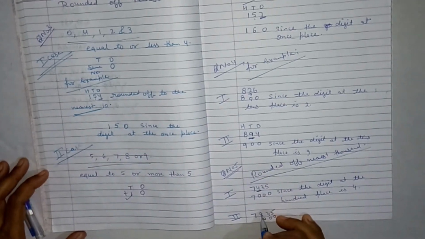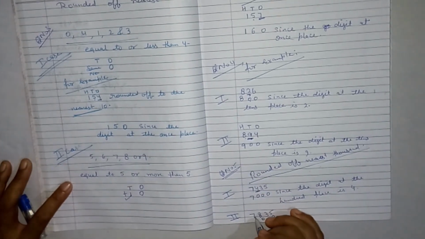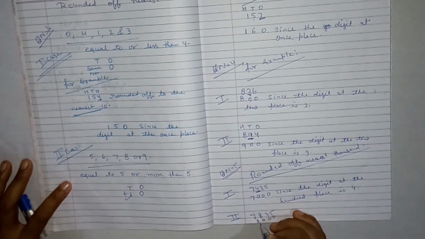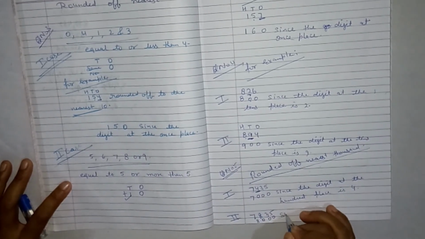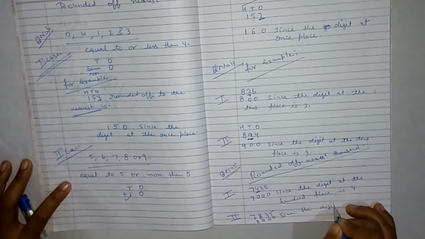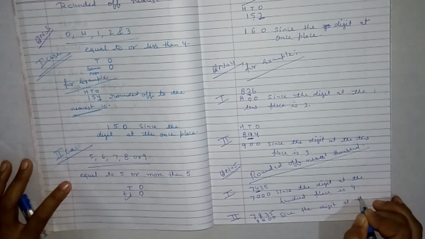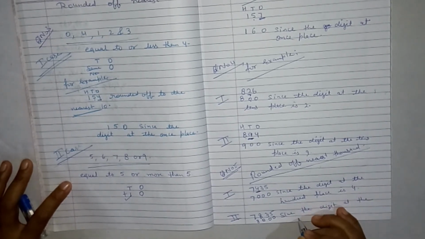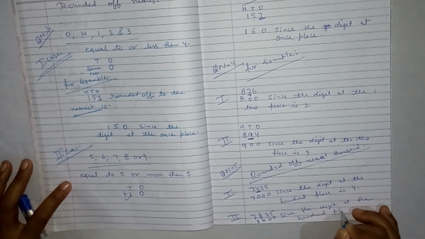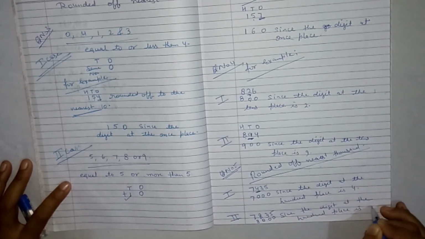So here we will add 1 to the given number: 7 plus 1 is 8. This is 8000, since the digit at the hundreds place is 8.